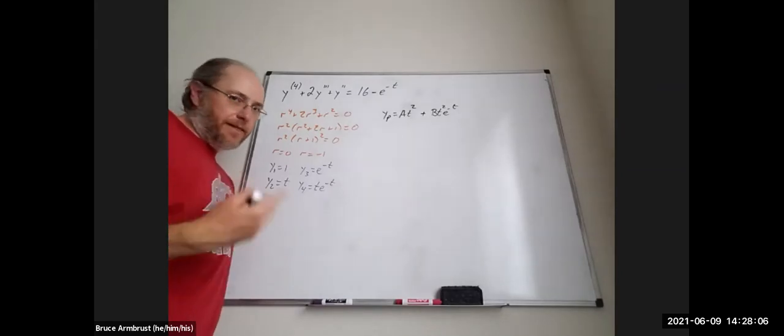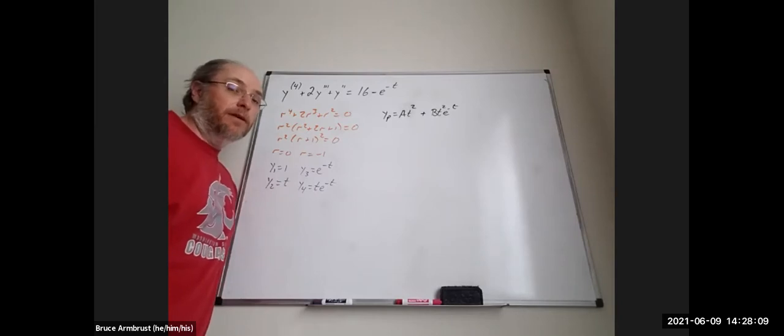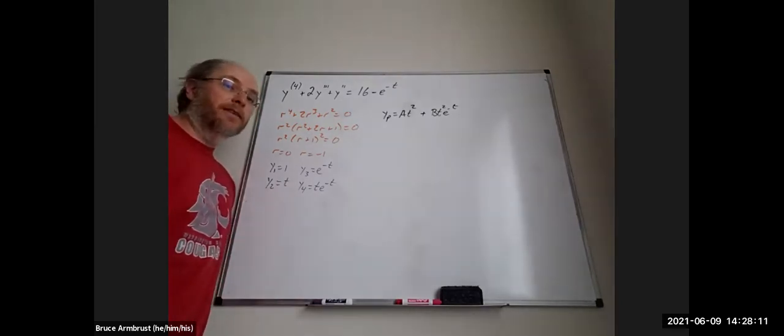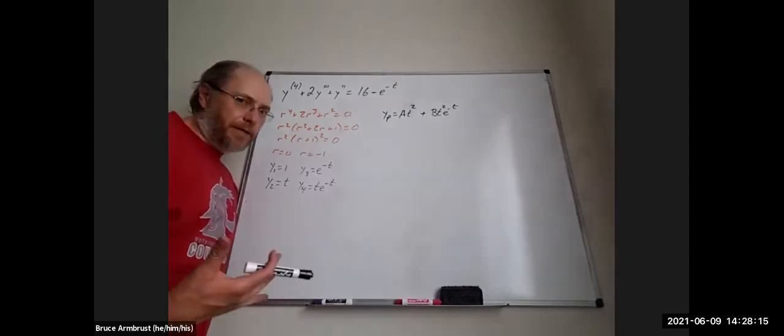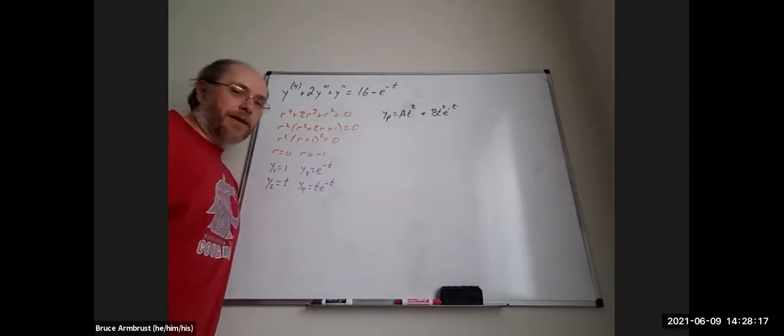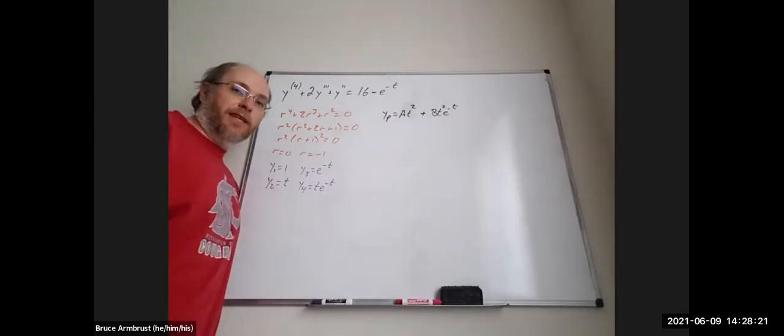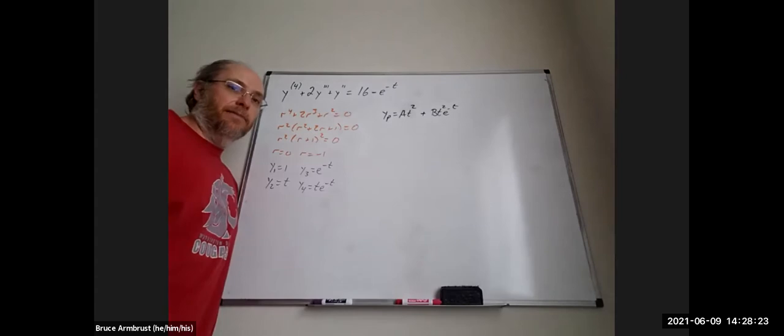This is the kind of thing that's going to happen now that we're in higher order. Sometimes we're going to have to multiply by t squared, t cubed, t to the fourth. This depends on how frequently those things continue to show up.